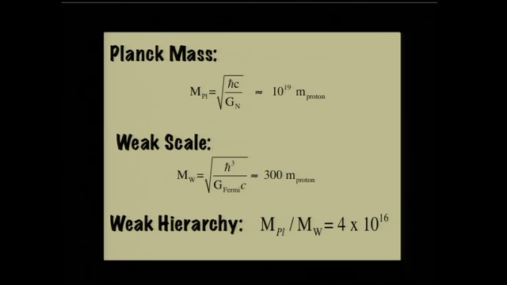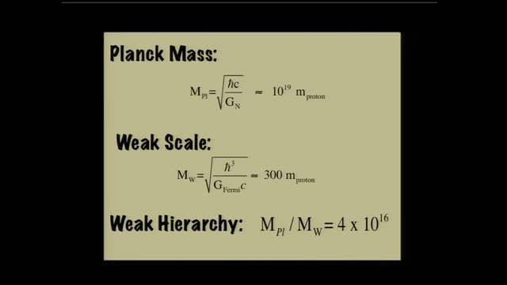We can form this number just out of a combination of 3 fundamental constants of nature. One is this thing called h bar. H bar tells us how important quantum mechanics is in nature. The bigger h bar is, the more important quantum mechanics is, the stronger quantum mechanical effects are.